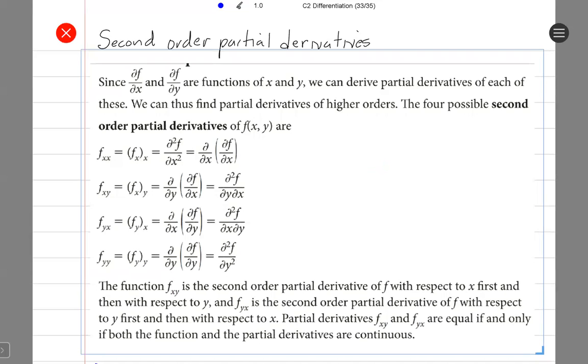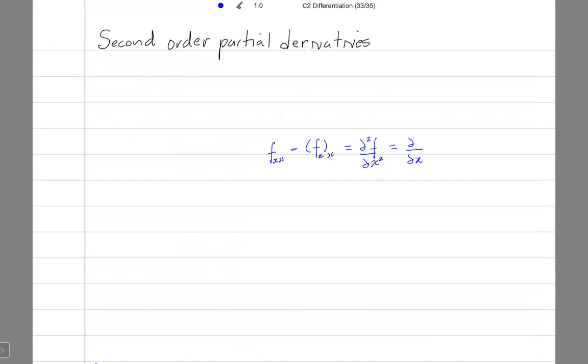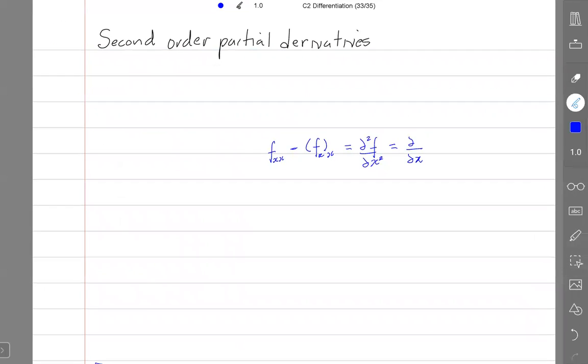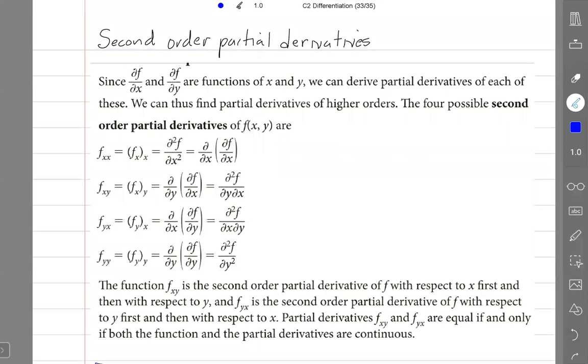Oh God, these things hate me. Don't worry, guys, I'm coming back to it. Sorry about that. Nothing more than what was on top, it just covered what I was writing. So whenever you see f_xx, you're differentiating partially with respect to x twice.